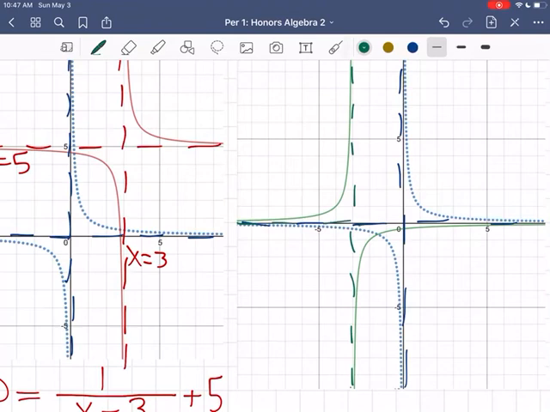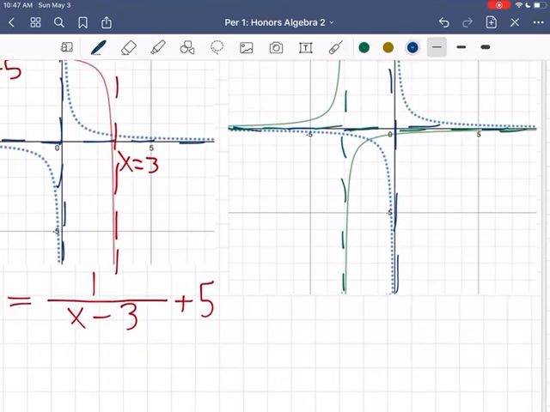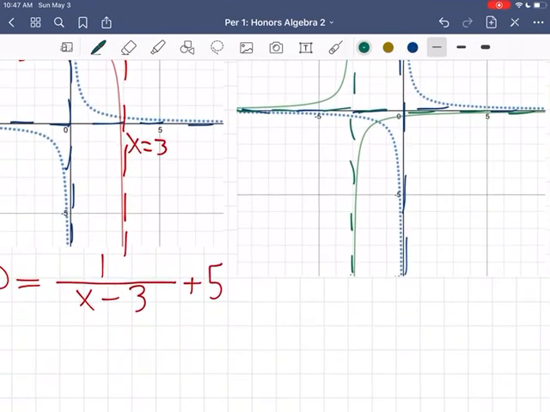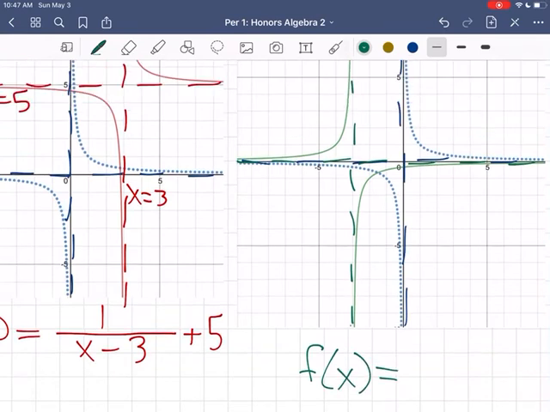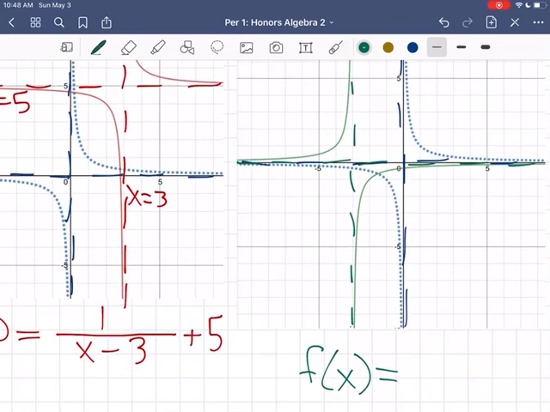And it looks like it actually has a horizontal asymptote in the same location. Okay, so in this one, our function that has been transformed has moved over to the left 3, 1, 2, 3.